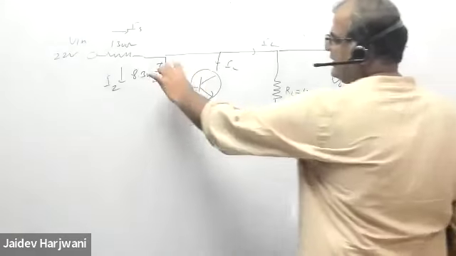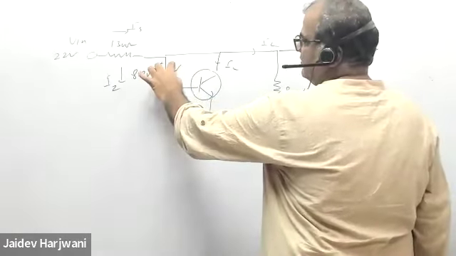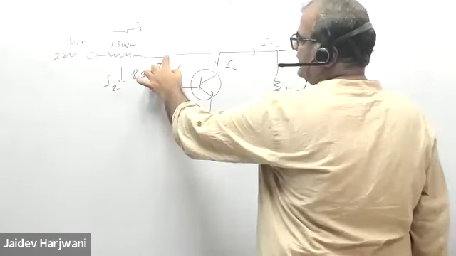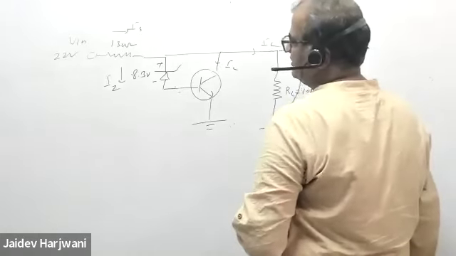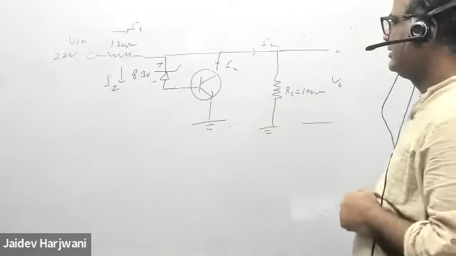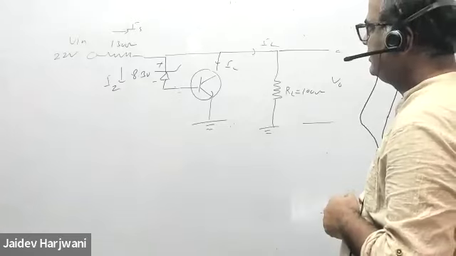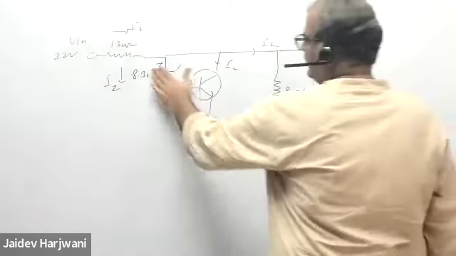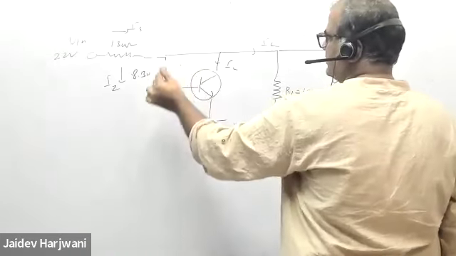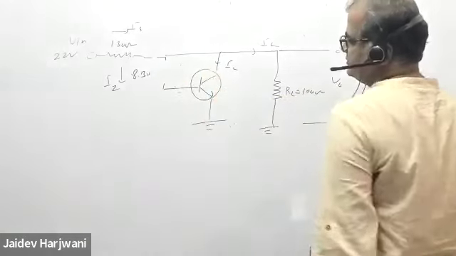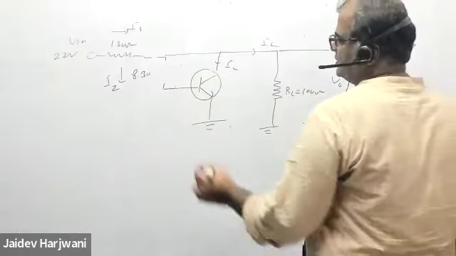Because if I make it open here, this point is how much? 22 volt? Why 22 volt? The voltage applied is 22 volt, right? So if I make this open, then the drop across is 22 minus 0.7, right? No. See, this is open.